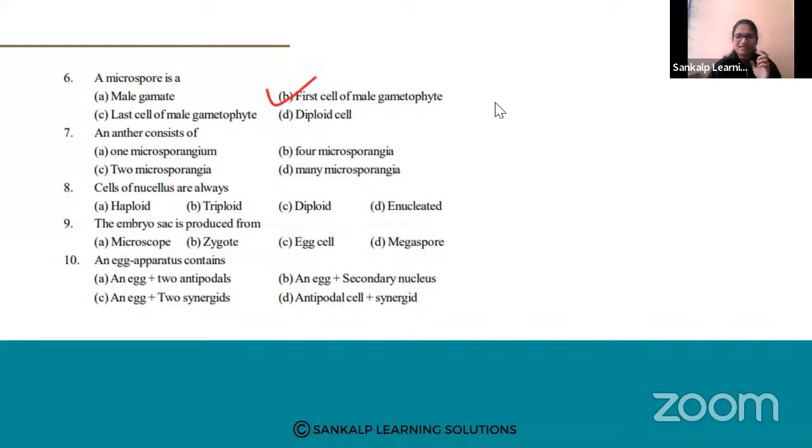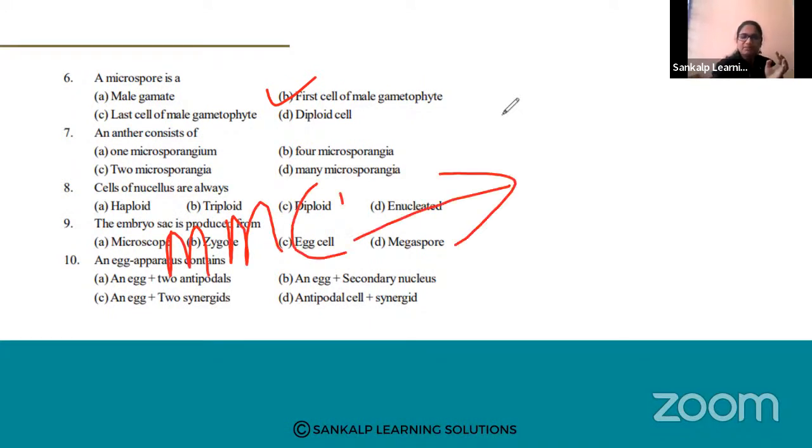Most of you did not answer it, and now you are telling it as B. So option B, first cell of gametophyte, is the right answer. Once more: we just discussed sporogenesis, where the microspore mother cell underwent meiosis and formed 4 microspores, 4 pollen grains.